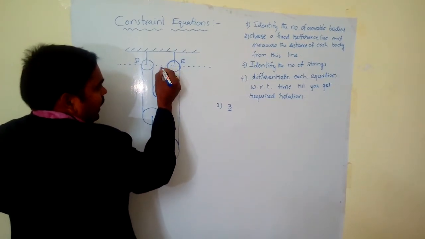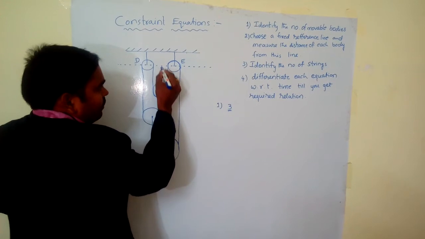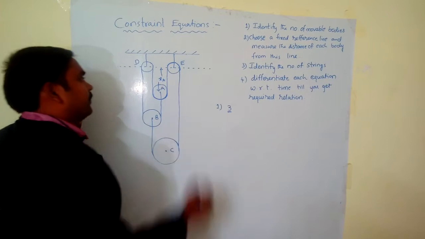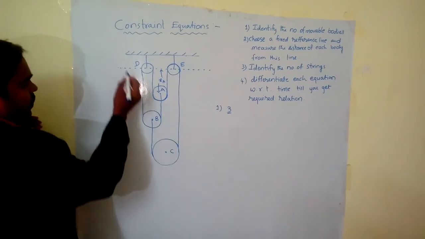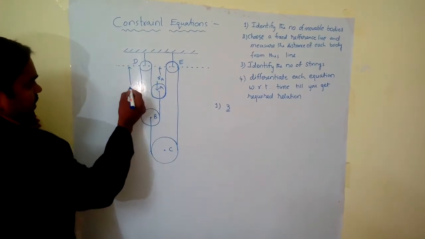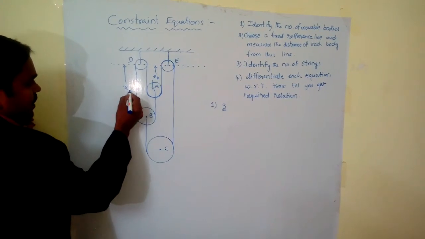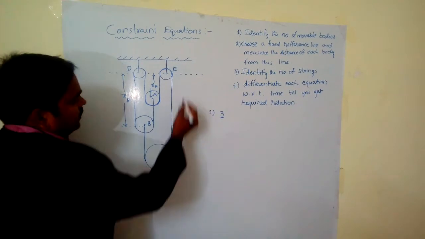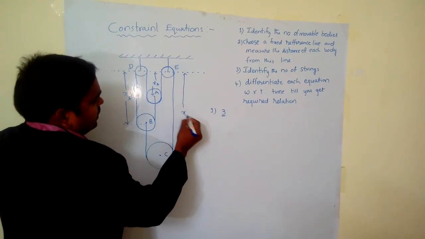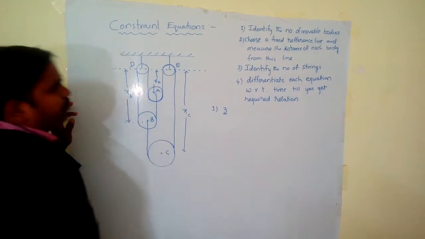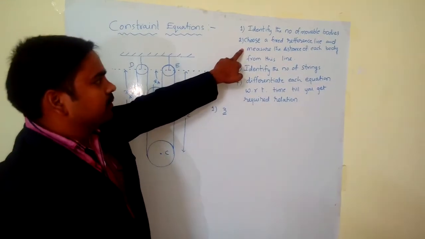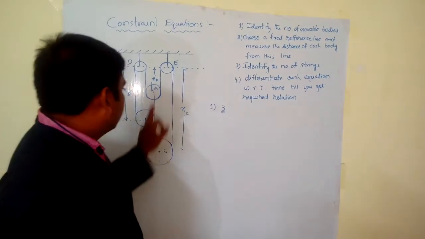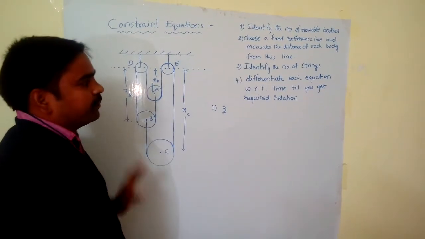The length of the first movable body from the fixed reference line, I am considering it as XA, and the distance from the fixed reference line to B is XB, and then XC. Second step complete. Now identify the number of strings. Only one string is present, that is very clear.